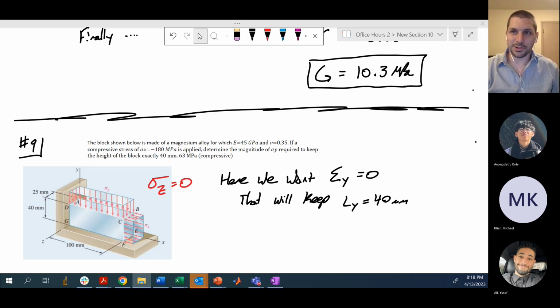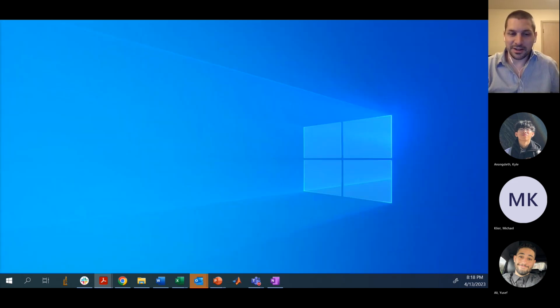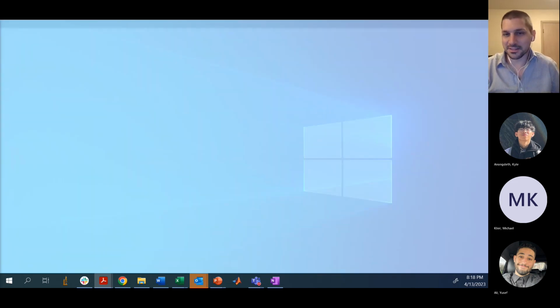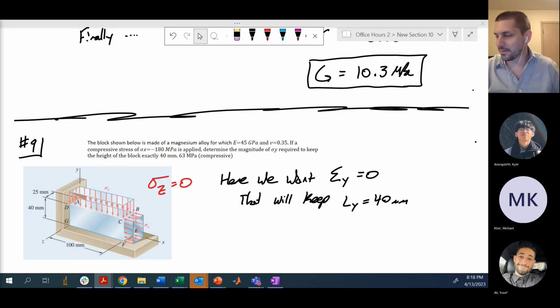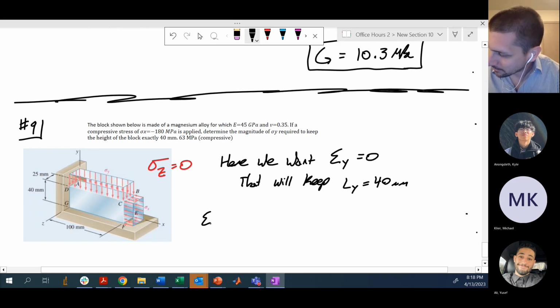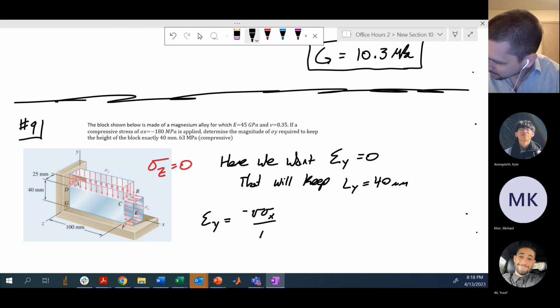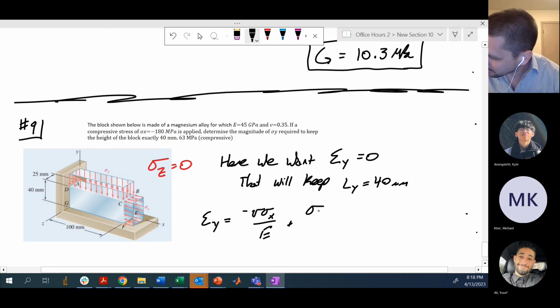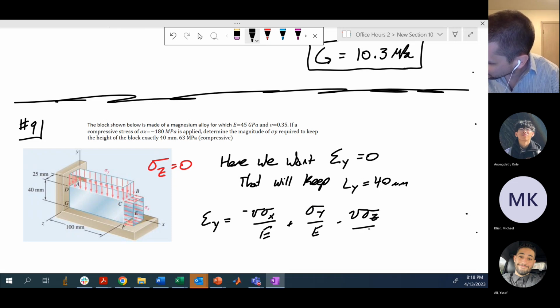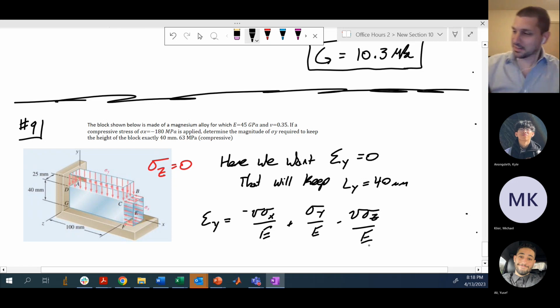Once you know that you need that epsilon y to be 0, and you're given a series of stresses and asked about the stresses, then it's pretty straightforward at that particular moment. So you'll use that equation, which looks something like nu sigma x on E plus sigma y on E minus nu sigma z on E as your base. You know you want this to be 0.